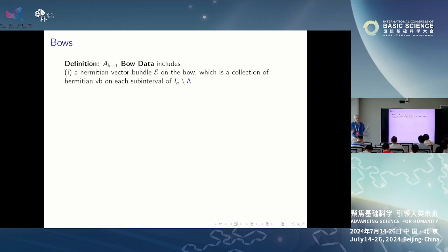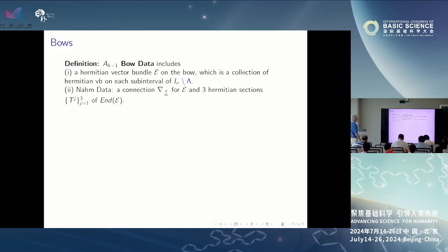If you take the complement of all those red and blue points, that gives us a bunch of line segments. In each of those line segments, I have a vector bundle, which, of course, for a line segment is always trivial. So we just have some family of trivial bundles, but I'm allowing it to jump on each line segment. That's why I was saying before with my M hat, I was going to fudge later on whether my moduli space was connected or not, my parameter space was connected.